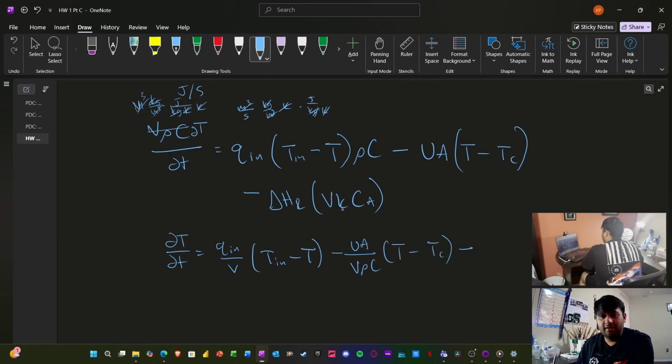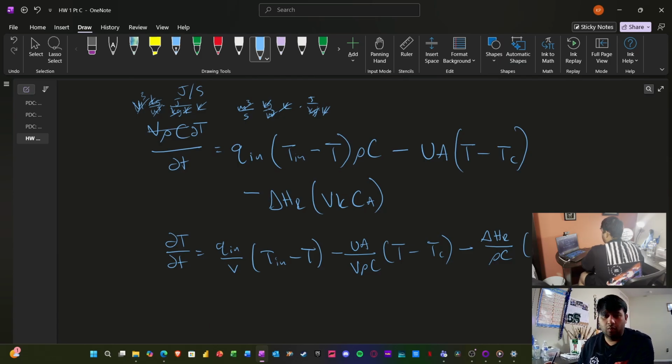And then for this side, since we have our volume, we're just going to get rid of the volume and have delta HR over rho times heat capacity times the reaction rate times our concentration.